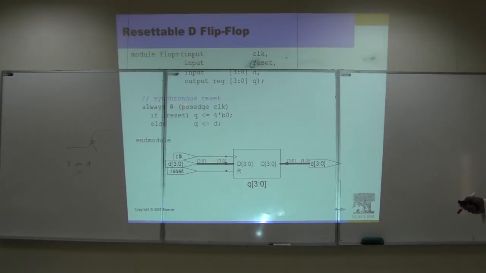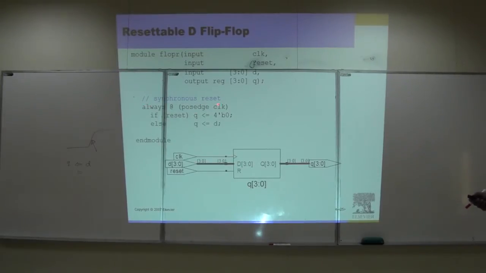Now can you tell me why this is synchronous? It is synchronous because, say there is no clock. Suppose you make this reset high. But this block will not execute, right?